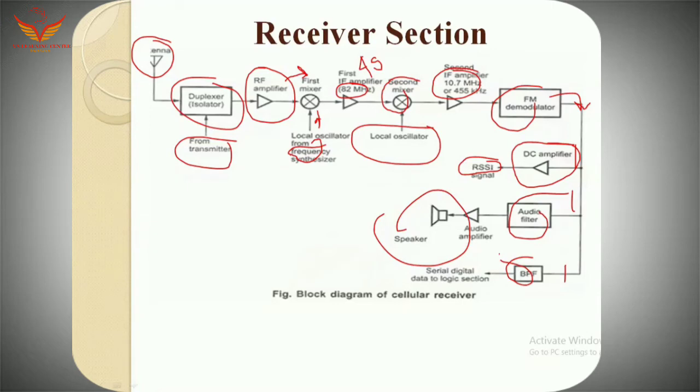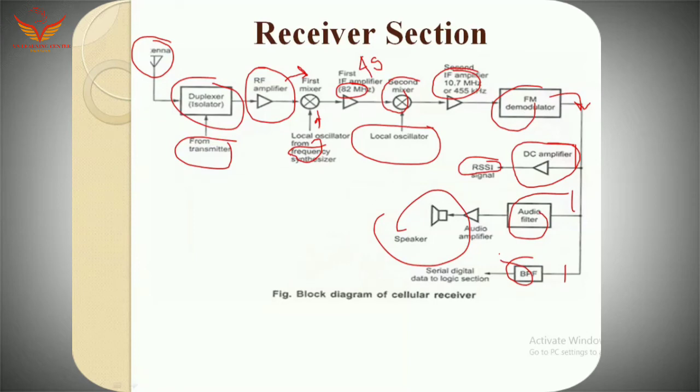The most important, the RSSI signal, is sent back to the cell site to help the MTSO monitor the receiving signal from the cell site and decide about switching to another cell.